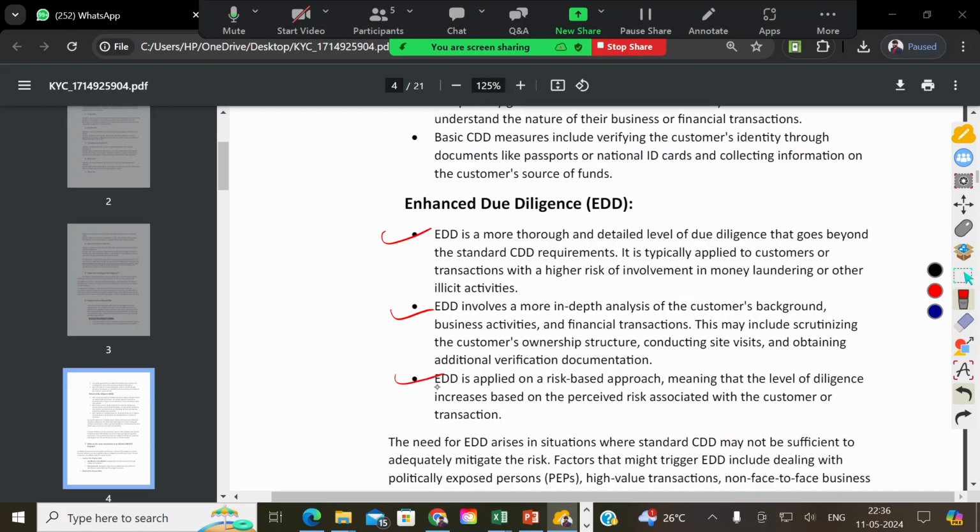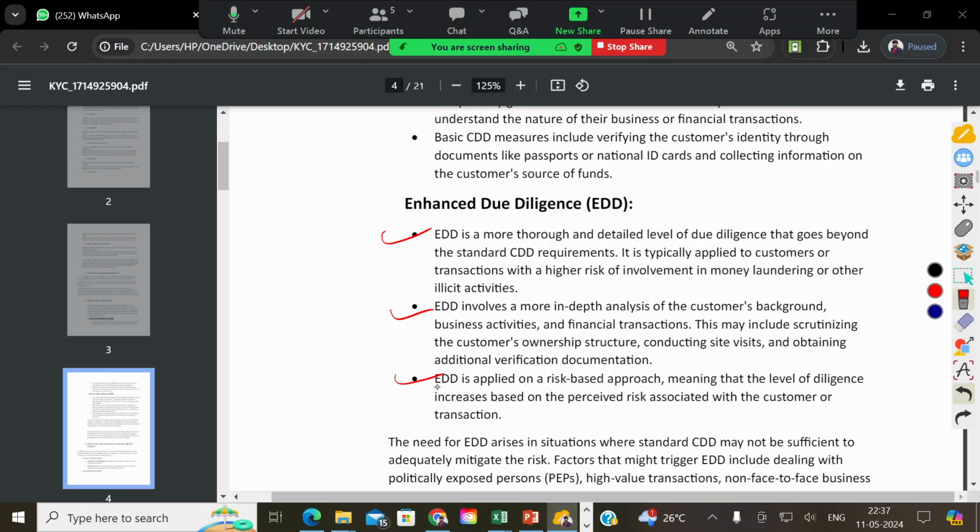Right. So EDD is applied on a risk-based approach, meaning that the level of diligence increases based on the perceived risk associated with the customer or transaction. If there is any risk identified with a certain person, they can perform EDD analysis.